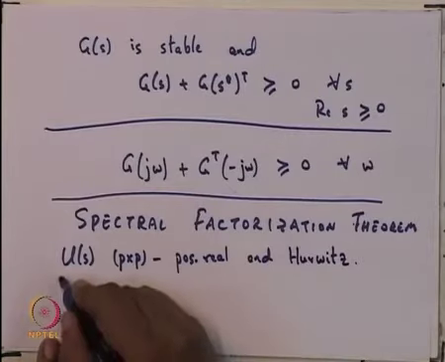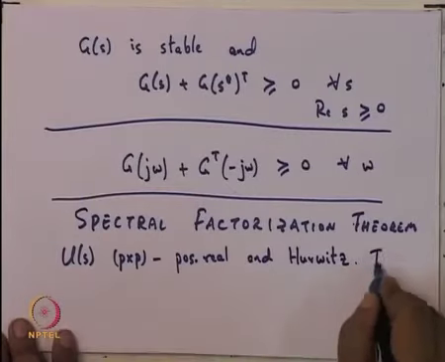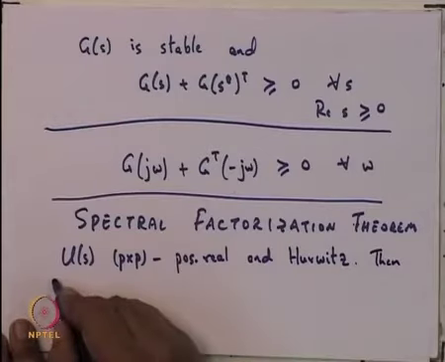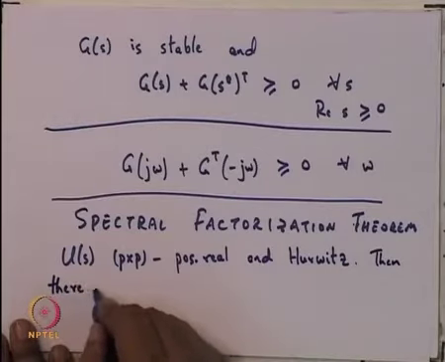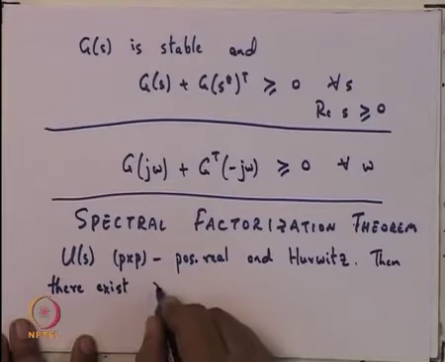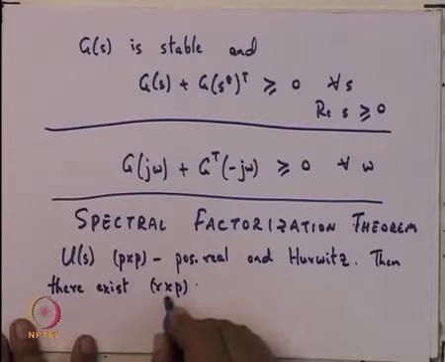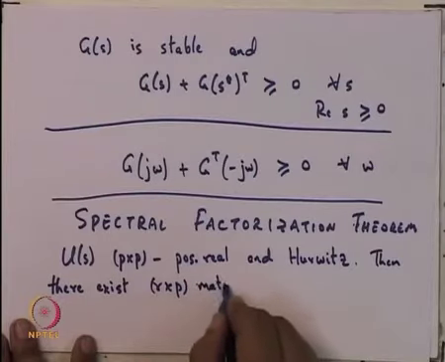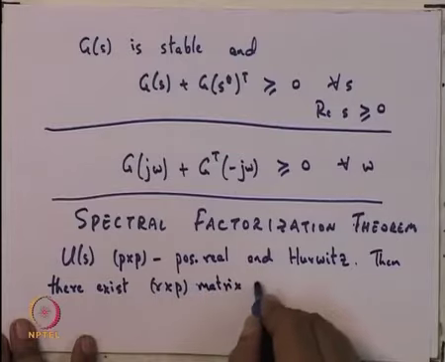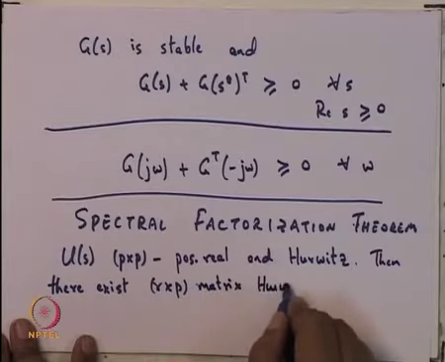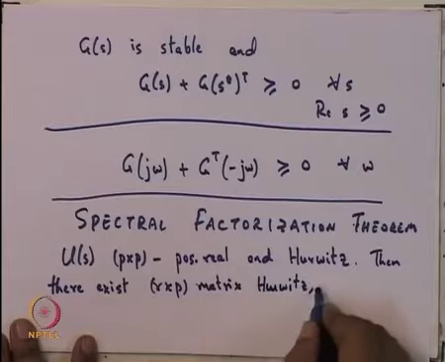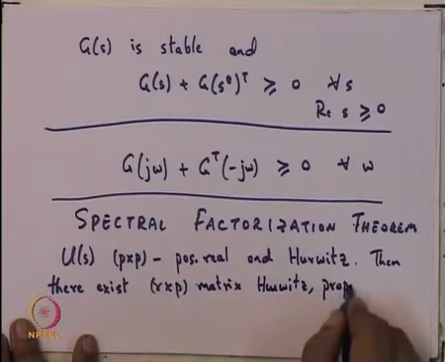Then there exists an R cross P matrix which is Hurwitz and proper rational.